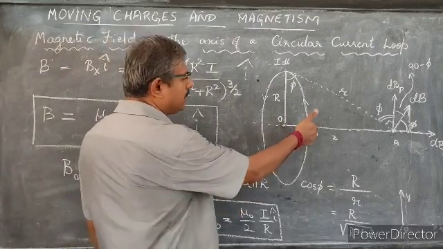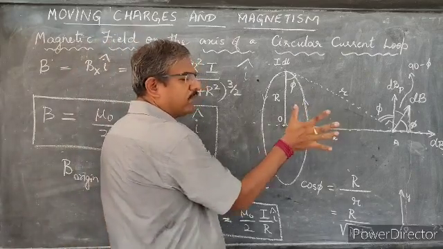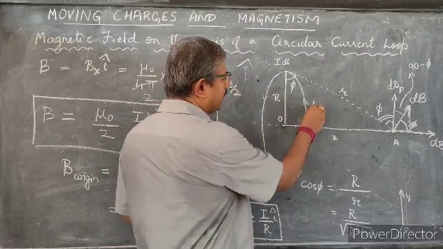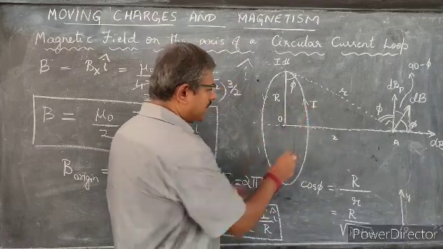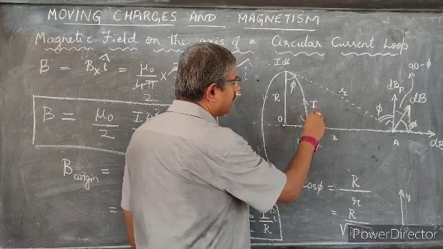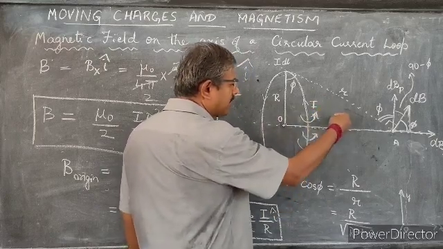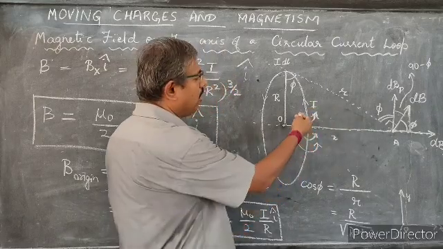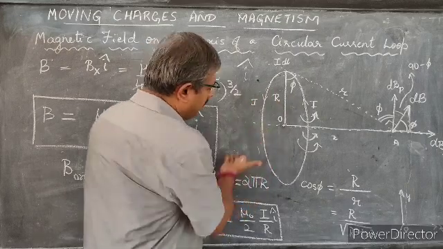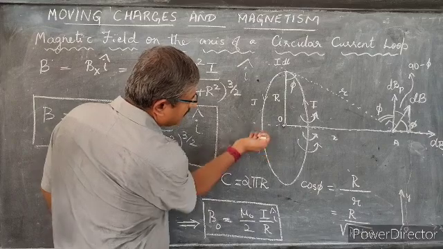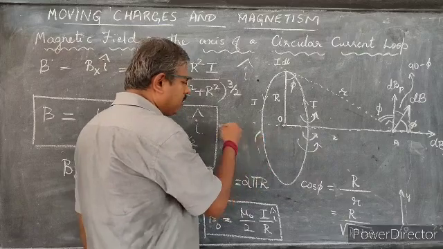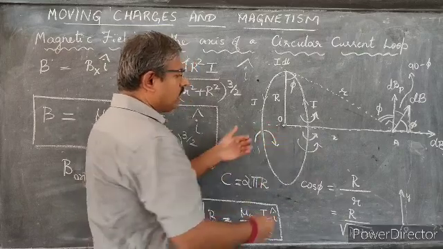So if I hold this conductor over here, then my fingers are curled inwards, which means since the current is going upwards, my fingers are curled inwards, which means my magnetic field lines at all points here are entering the board on the right side, emerging from the board on the inner part of the circle. Here, since the current is flowing downwards, my right hand thumb rule will show me that the magnetic field lines are entering inside the board to the left and emerging out from the inside.